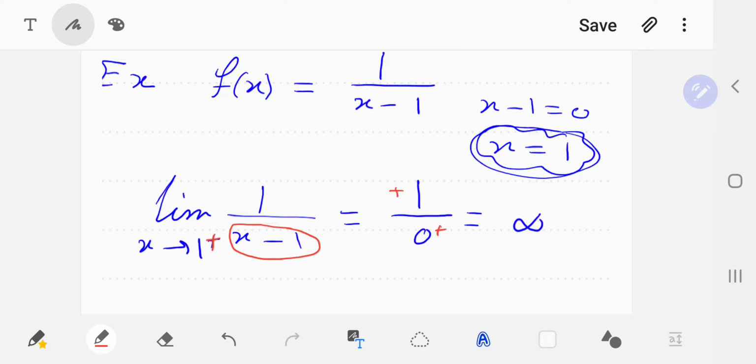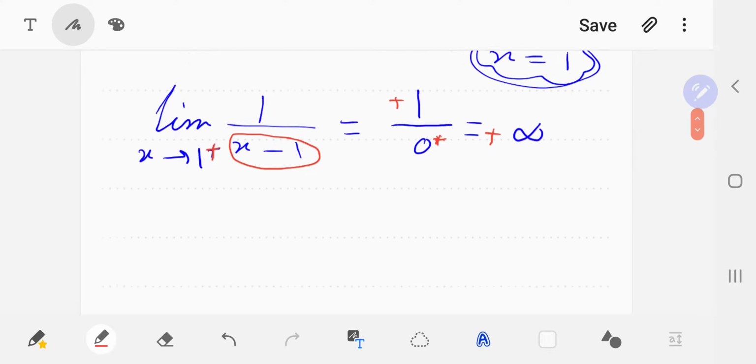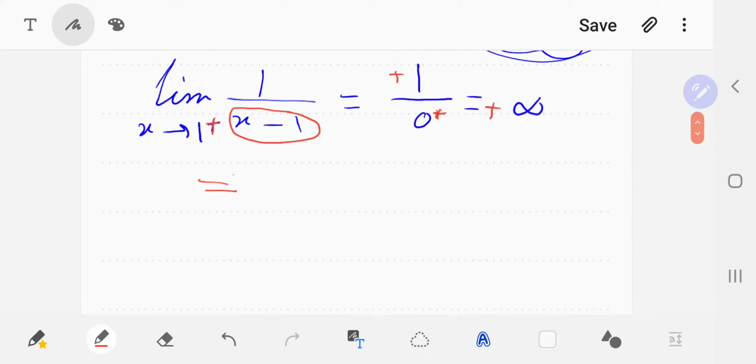So positive divided by positive will give you positive infinity. So here I know that the limit will approach positive infinity when x is approaching 1 from the right, which means I'm having a vertical asymptote at x equals 1. This will be a vertical asymptote. This is enough to decide that I have a vertical asymptote.